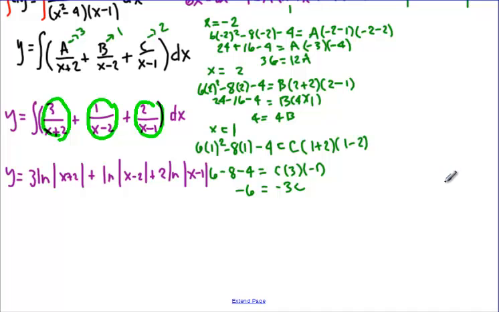Most texts will not leave their answer this way. If you are adding in between each term, like we are on this one, then you multiply the insides of the logs.